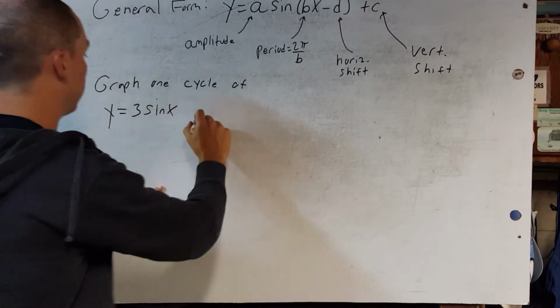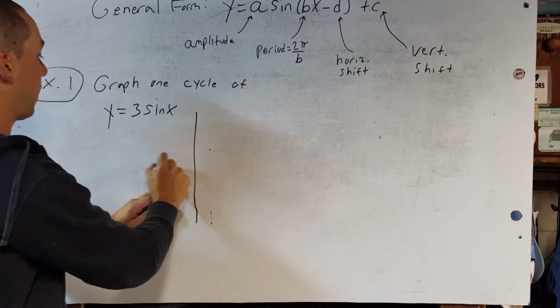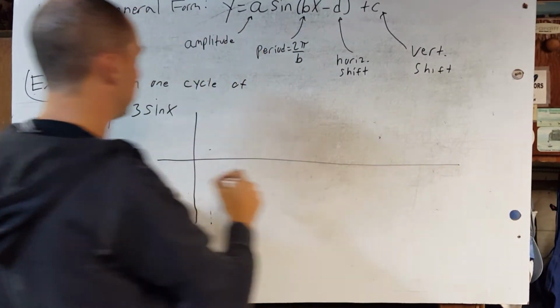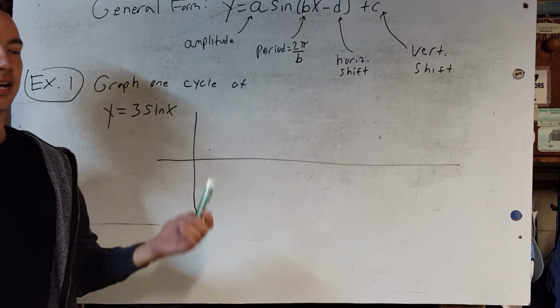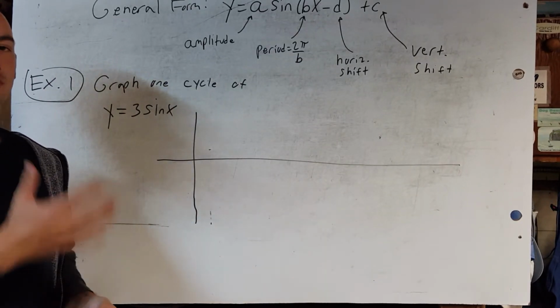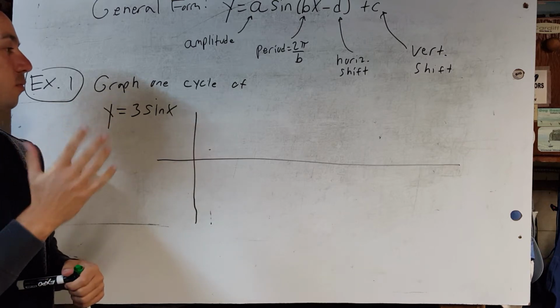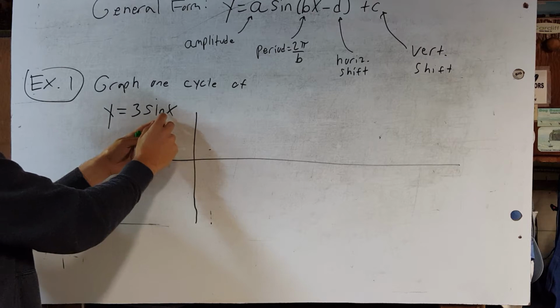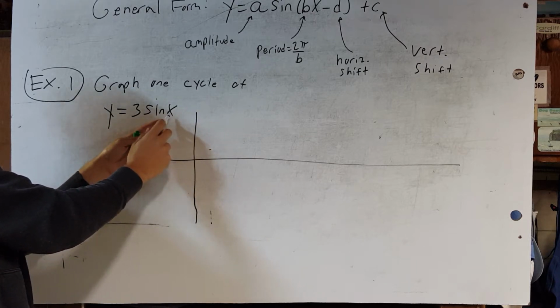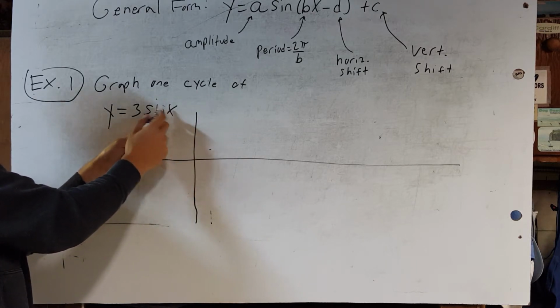Alright, so let's get our graph going here. When we graph trig functions, or at least sine and cosine, I use the 5-point method. 5 points. First, we're going to determine the period. Notice here, there is no coefficient for x, or the coefficient is 1. It's sine of 1 times x.